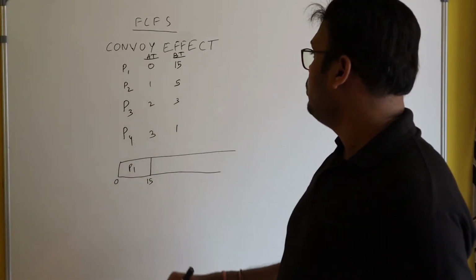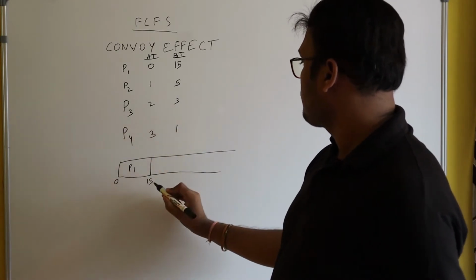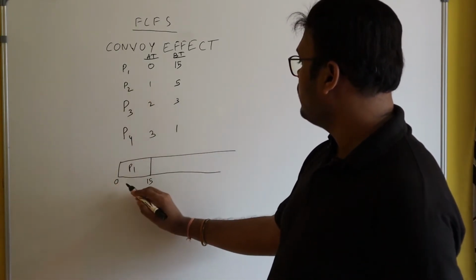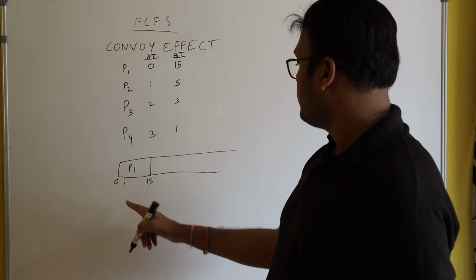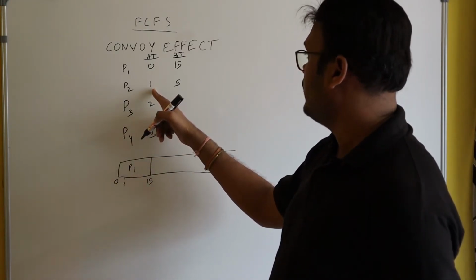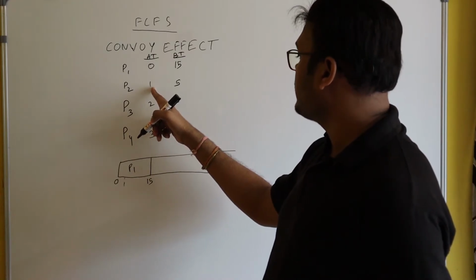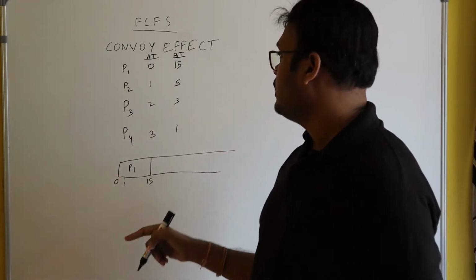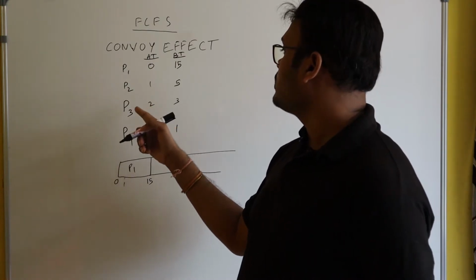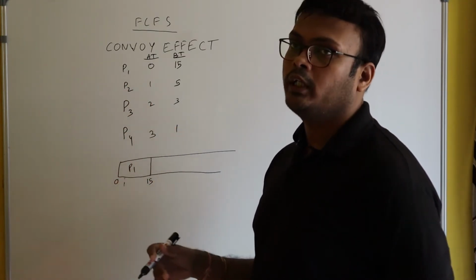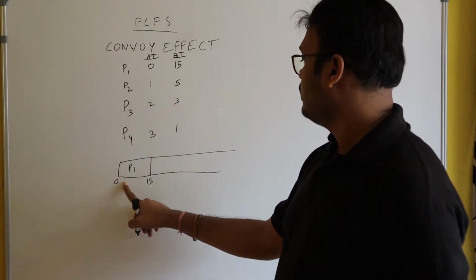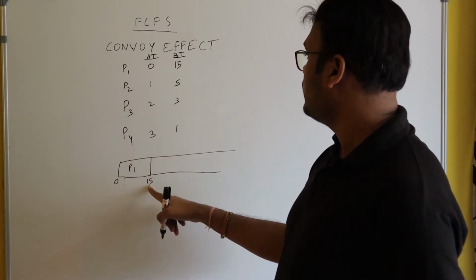Okay, then P2 comes. Actually P2 came in the first second, since AT is equal to 1, but since P1 was running, CPU was not allocated to P2 because it is a non-preemptive scheduling. So P2 has to wait for its turn.